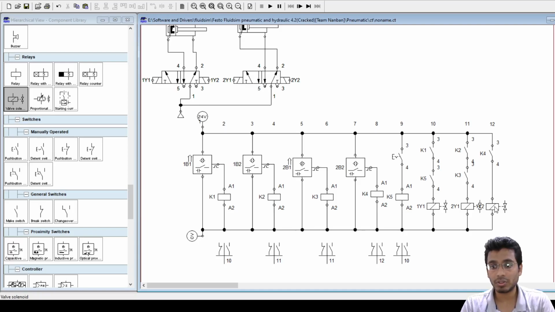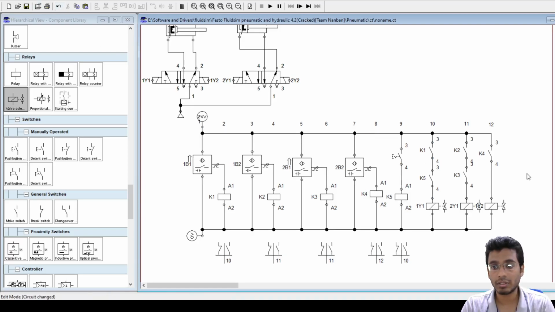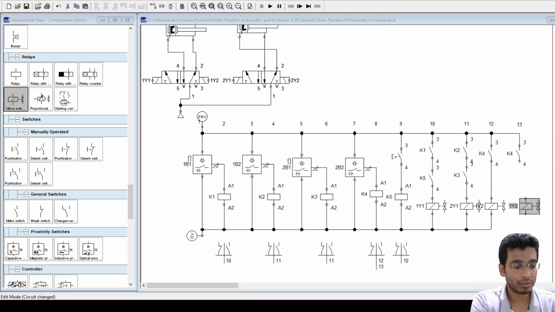Fine, so this is there, and either you can make a parallel connection here or you can just copy this entire circuit. And this can be written as 2y2.